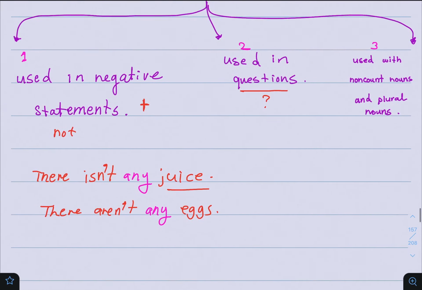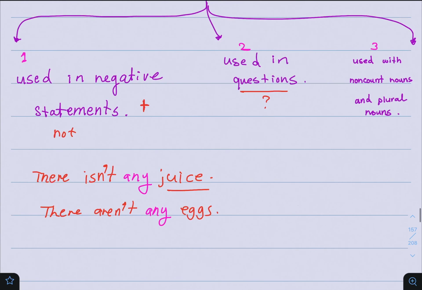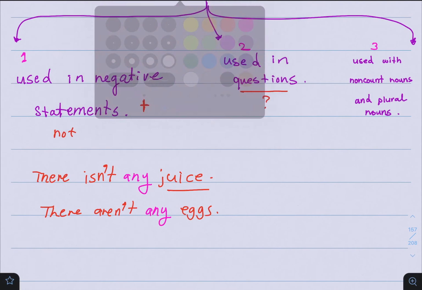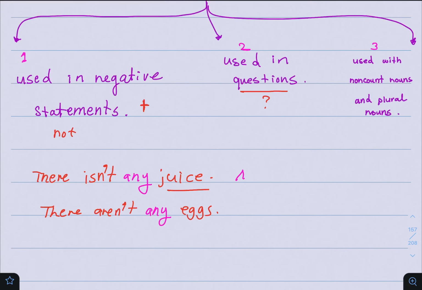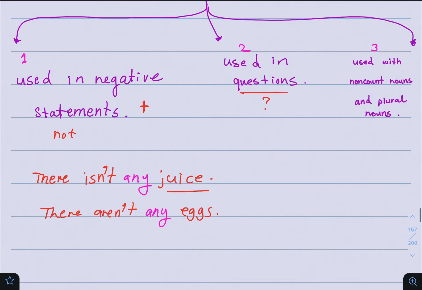Okay, now here if I want to make a question asking about juice, طبعا هنا بس أوضح لكم أن في الأسئلة مثل ما قلنا نستخدم any. Okay, so it's gonna be is, sorry, you have to start all the time with the auxiliary verb.